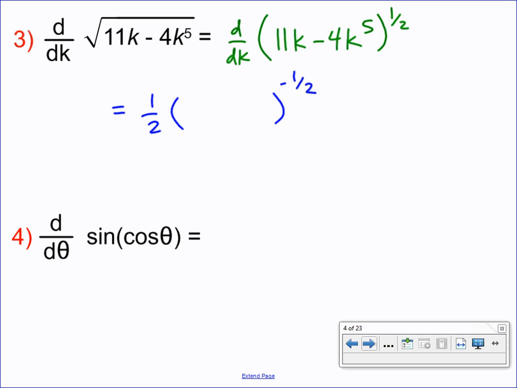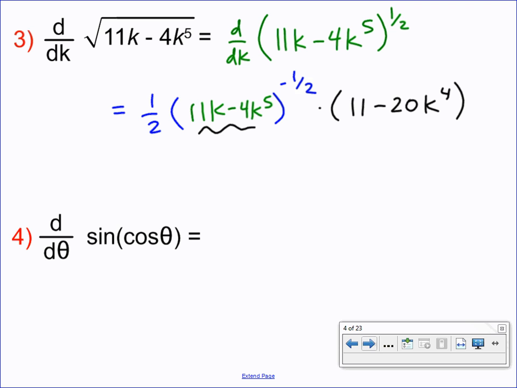My base was the 11k minus 4k to the 5th. So exponent times the base raised to the 1 less, and then times the derivative of the base. The derivative of my base is quantity 11 minus 20k to the 4th.